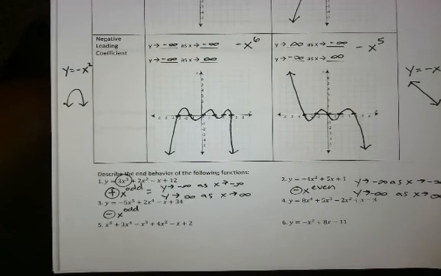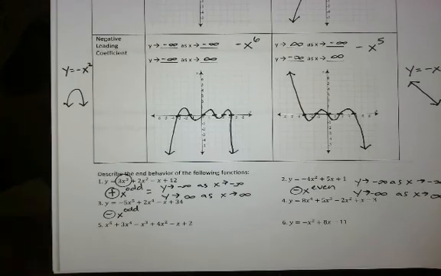Put it in the chat. I want each of you to put it in the chat. Just a private chat. Which graph is this going to look like? It is a negative number to an odd power.